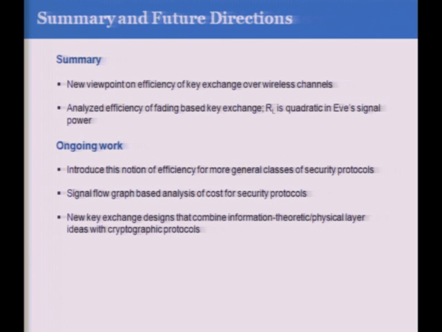Also, some of the things that we realize is that these physical-layer techniques can now be incorporated into protocols which use computational cryptography to make them better and more efficient. And so that's some of the ongoing work.